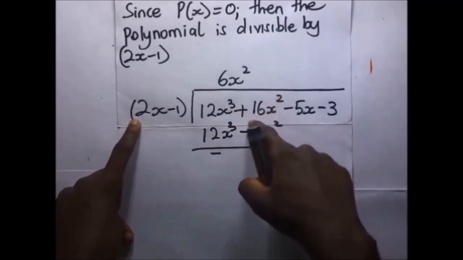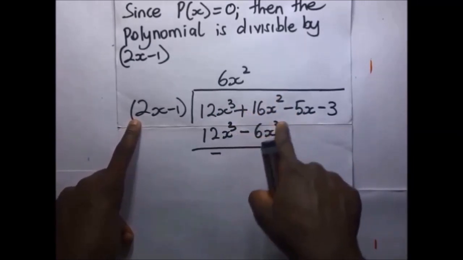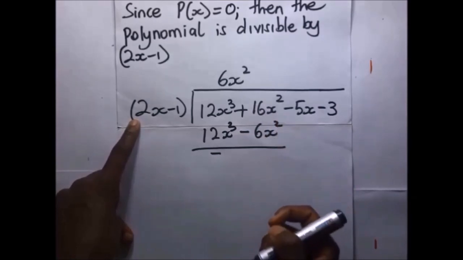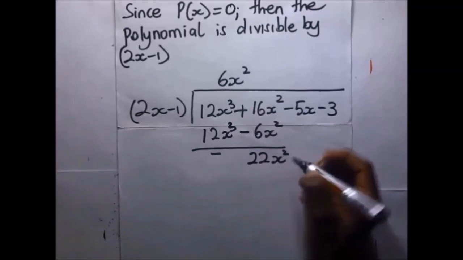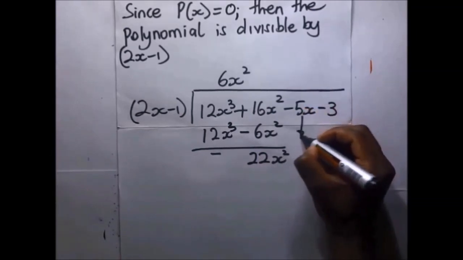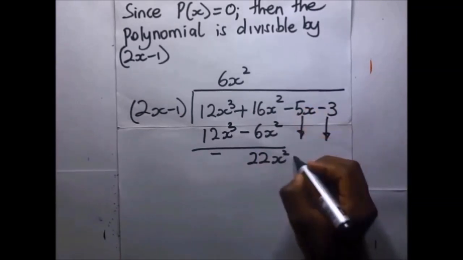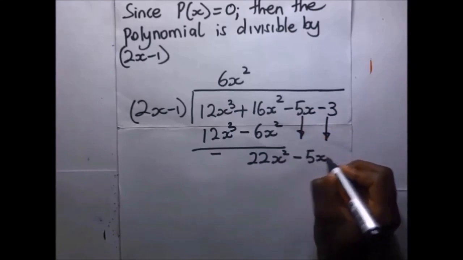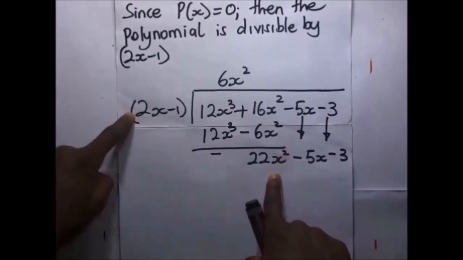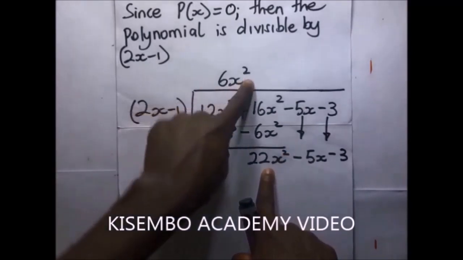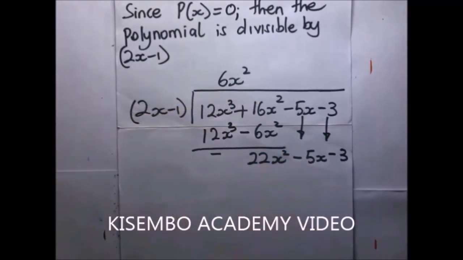16x squared minus negative 6x squared, we'll be getting 22x squared. So we pull this down. So this here will remain with 5x minus 3. So we repeat the procedure. 22x squared, divide that by 2x, you're going to end up with 11x.